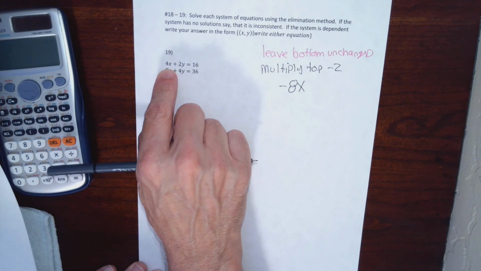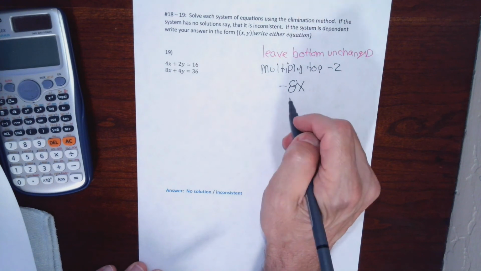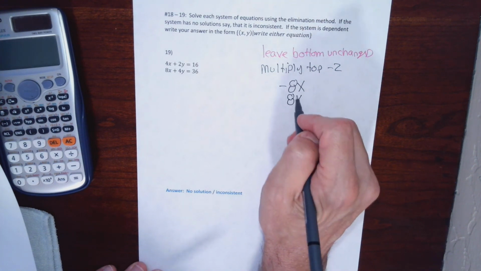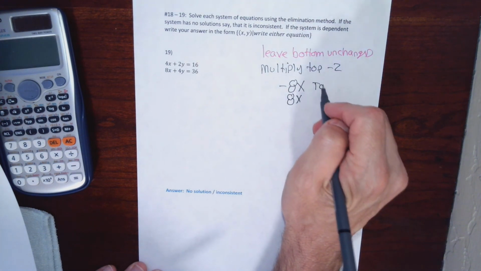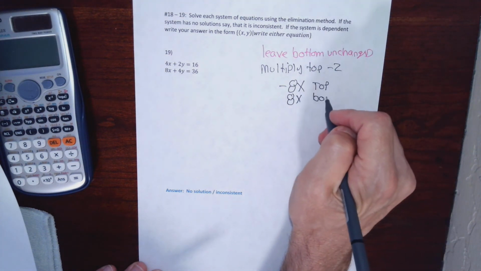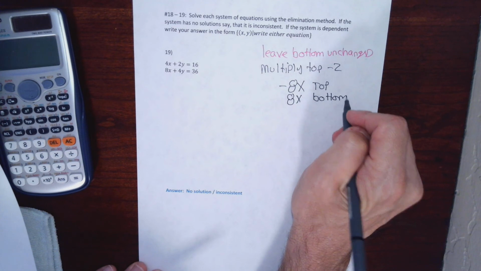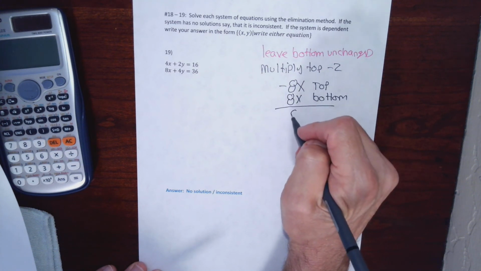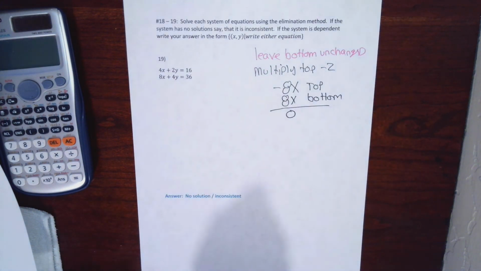When I multiply that 4x by negative 2, it's going to give me a negative 8x. Because I'm not changing the bottom equation, it's going to have that positive 8x. Then I'll be able to drop out the x's.